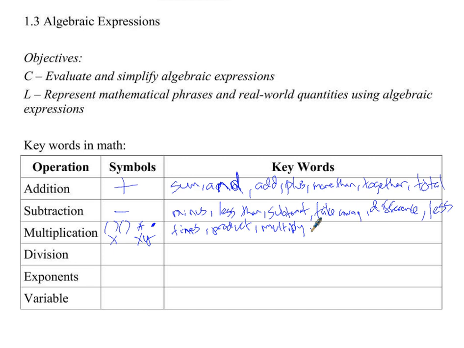Greater than also kind of means add. Of. 2/3 of a number. 2/3 times x. Of can mean multiply, so I gotta put that on there. Any other multiply words? We have times, product, multiply, of, nothing?